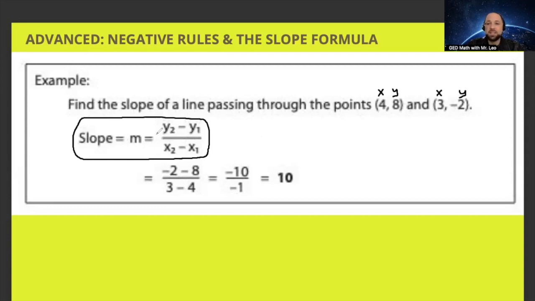If we look at this example here, on top, and this is always the case for the slope formula, are the y values. One of the y's minus the other y. It doesn't matter which one you start with. The point is use one of them, then use the other. This is an example. This one's been done for us. It looks like they started with the negative 2. That's right here. That's a y value. So it's negative 2. That's a y value. Notice then a minus sign from the equation itself, and then y1.